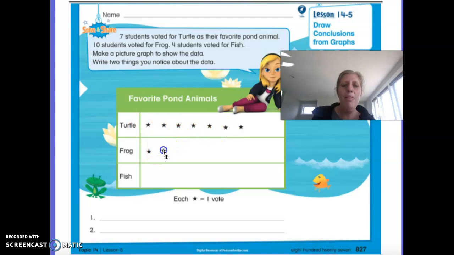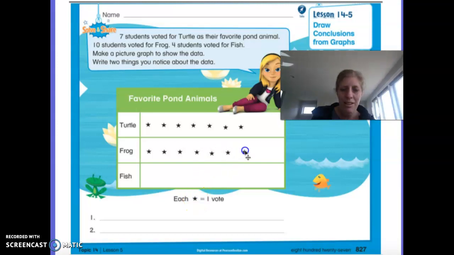So I want to keep them equally spaced as much as I possibly can, and that way it'll be easier for me to look at the end to say which animal had the most votes, which animal had the fewest votes, how many more frogs than turtles, and all those kinds of questions that you ask yourself when you're looking at a set of data.